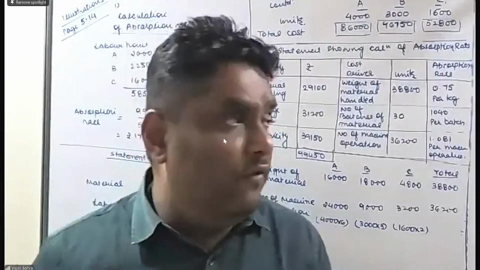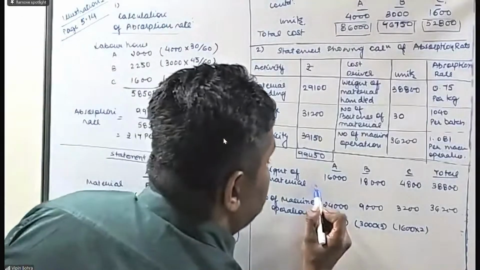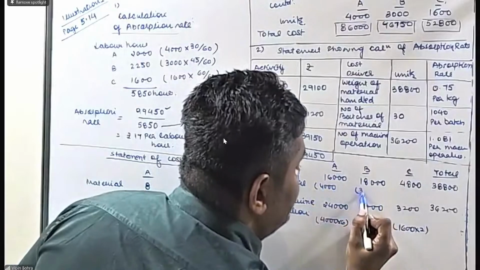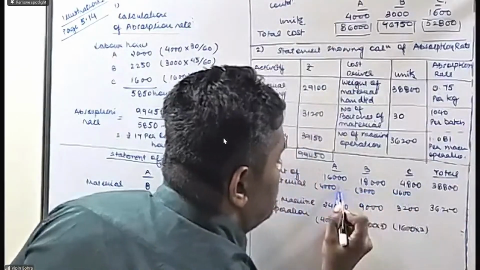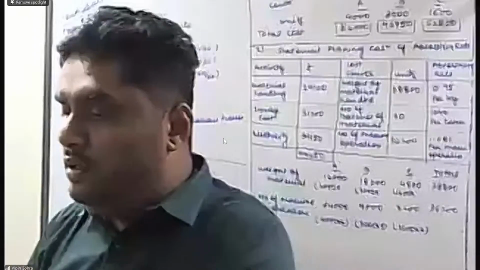Acha, Parvez, the weight of material. Again, when talking about the weight of material, it is given in the question. When talking about the units, it is 4,000, 3,000, and 1,600. So into the weight of material, it is given in the question.